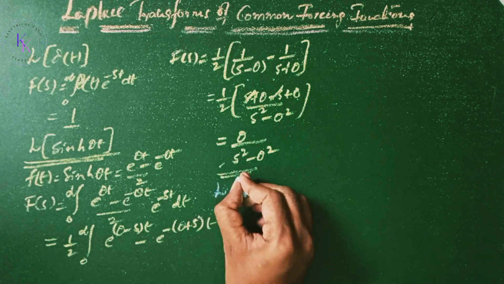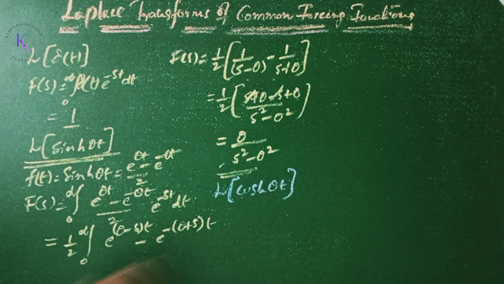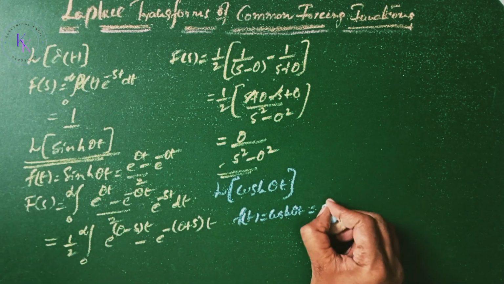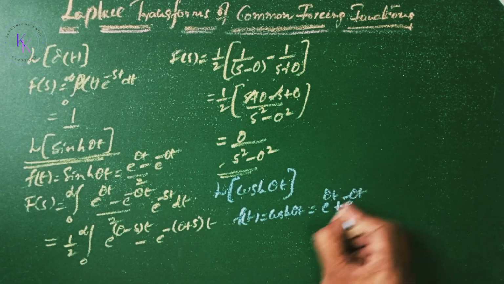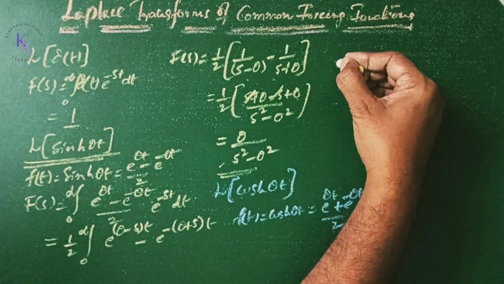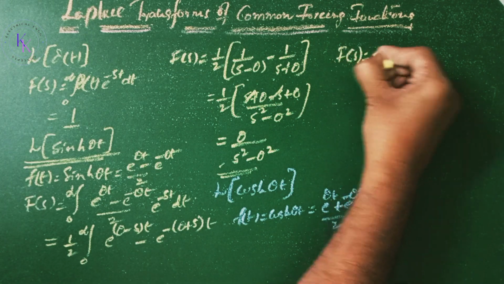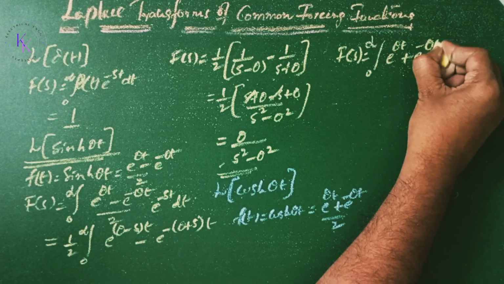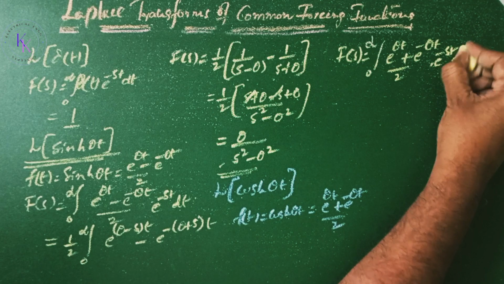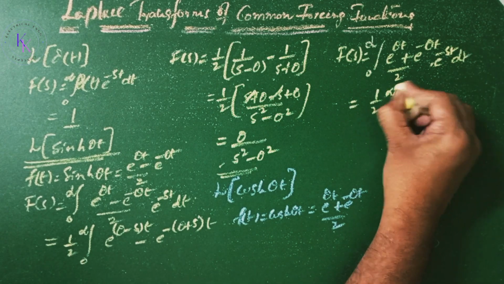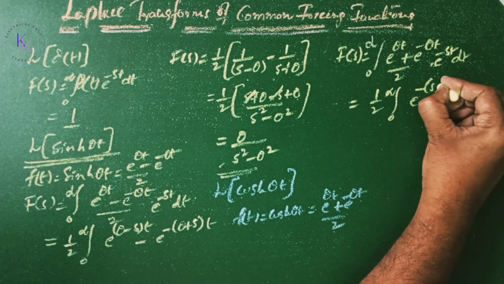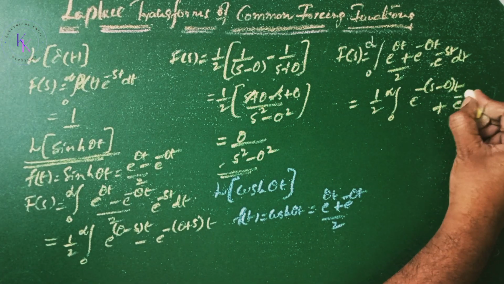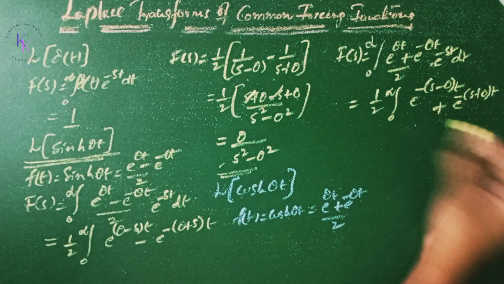Laplace transform function of cosh theta t. Now f of t equals cosh theta t, that equals e power theta t plus e power minus theta t divided by 2. Now let us solve this. Then f of s equals integral 0 to infinity e power theta t plus e power minus theta t divided by 2 times e power minus st dt, that equals 1 by 2 integral 0 to infinity e power minus s minus theta t plus e power minus s plus theta t dt.